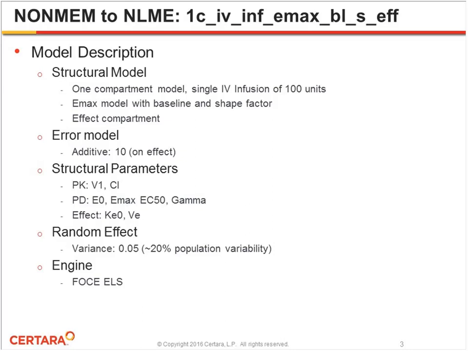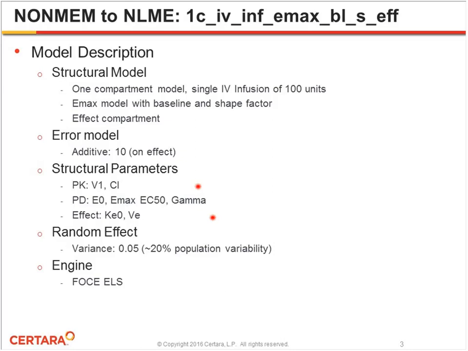Next, the PD: we've got 4 PD parameters, E0, the baseline, Emax, the maximum response, EC50, the concentration of half maximal response, and gamma, which is the shape factor. Then for the effect compartment, we have KE0, the distribution rate constant, and VE, the volume of the effect compartment.